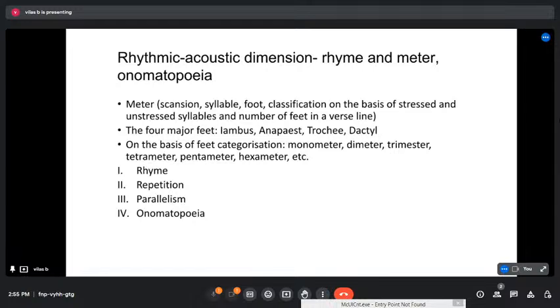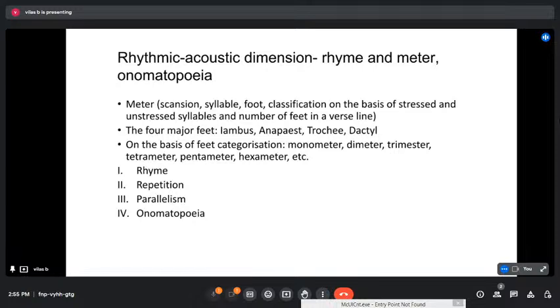So the foot is a kind of grouping we make. For example, when we say iambic pentameter, there are 5 feet of stressed and unstressed syllables we find there.